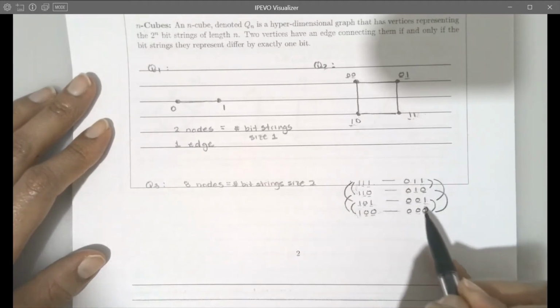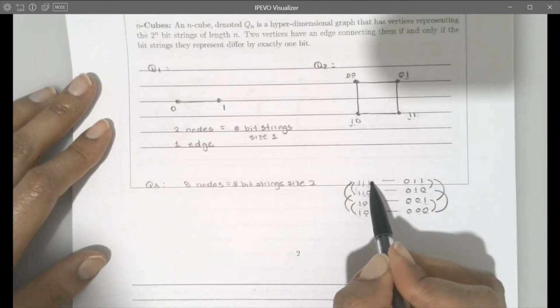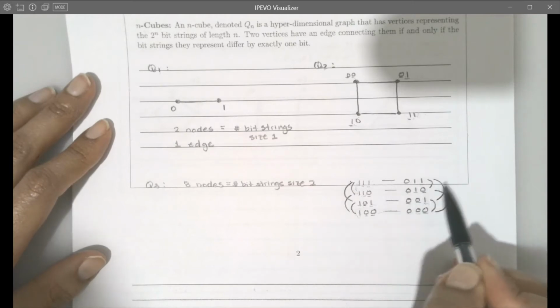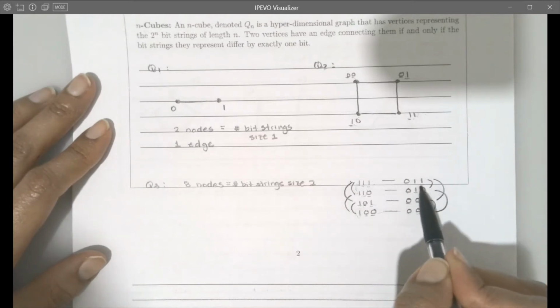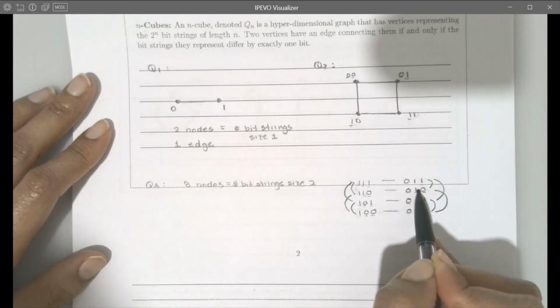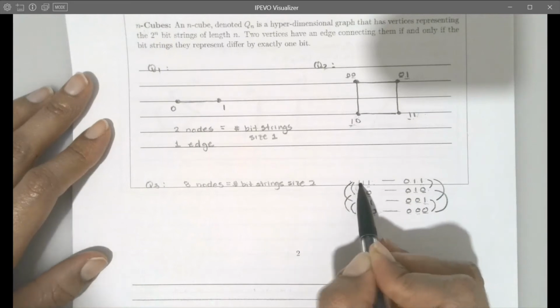And what I want you to notice is the fact that there is an edge between 111 and 011, a connection between 011 and 010, connection between 010 and 110, and then connection between 110 and 111.